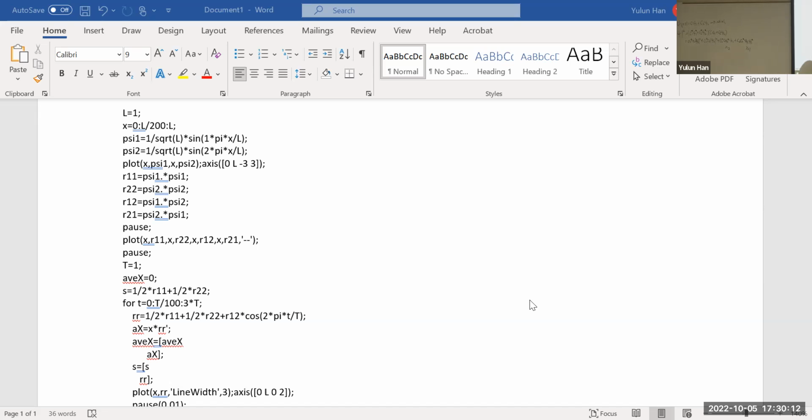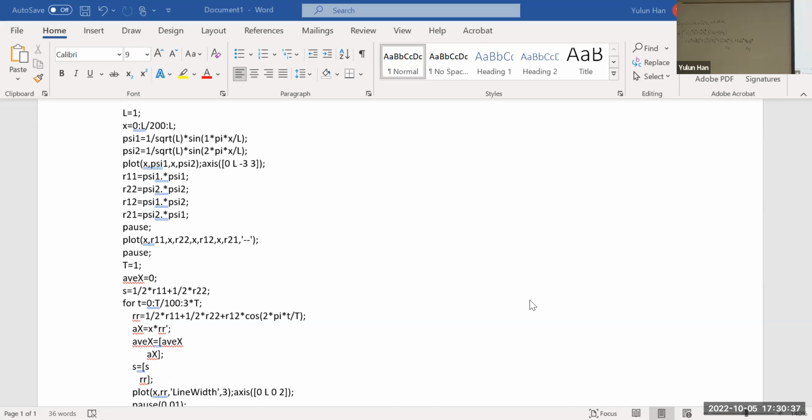The first figure is this one. So you are just plotting the weight function of your ground state and excited state. Oh, you went too far. And if you hit enter, then the second figure pops up.